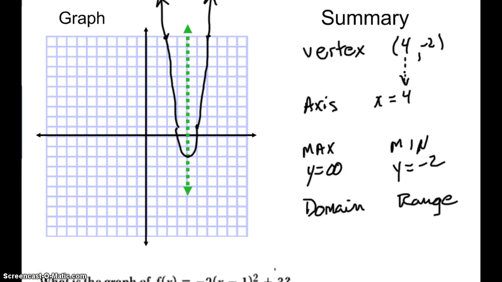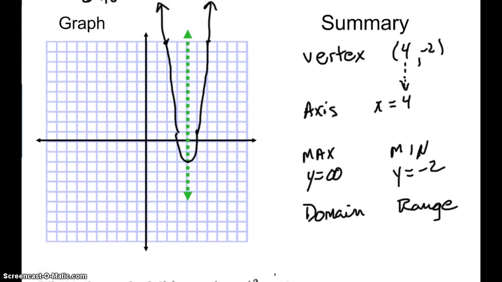And then let's talk about the domain and range. The domain is all of our possible x values, if you recall. That means I can plug in any x value here, and it'll spit out a value all the way up here on the graph, which it will. So my domain is going to be all real numbers, all reals.